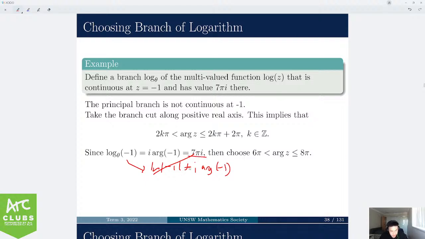And this is going to be 7 pi i. So essentially, we want arg z to vary between 6 pi and 8 pi, because that way this generates the 7 pi i when we compute log of -1.